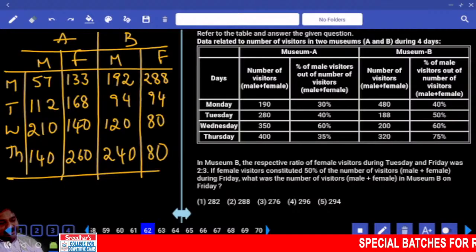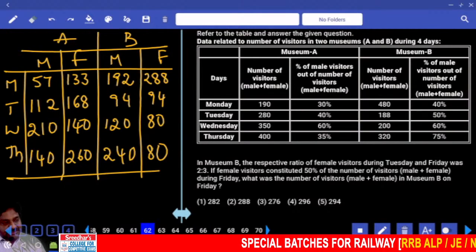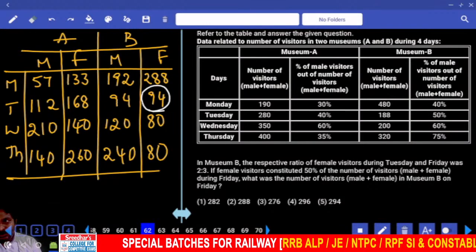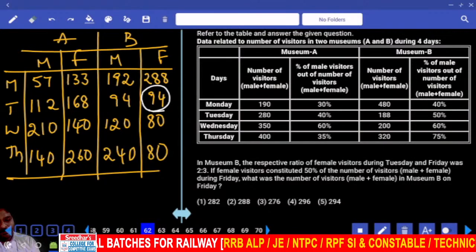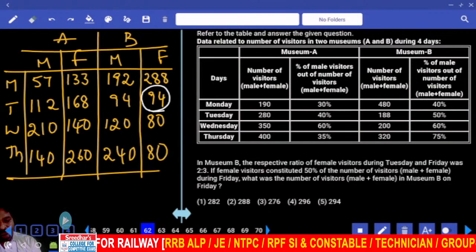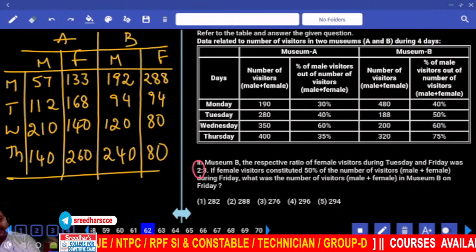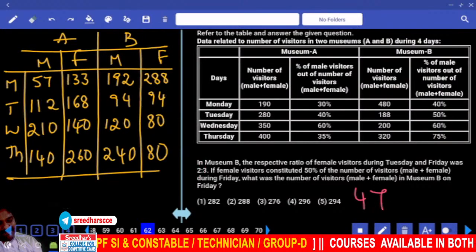In Museum B, the respective ratio of female visitors during Tuesday and Friday was 2:3. Female visitors Museum B on Tuesday 94, which is equal to 2 parts, then each part 47.